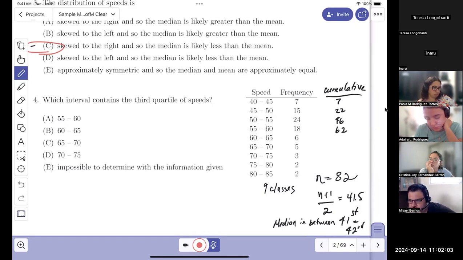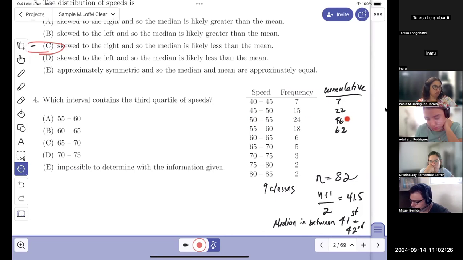Okay. So in here, where you can see that, this has the most observations in it. So this is the modal class, the class with the most observations. And it happens that the median isn't there. Usually that will be the case, or near to it.